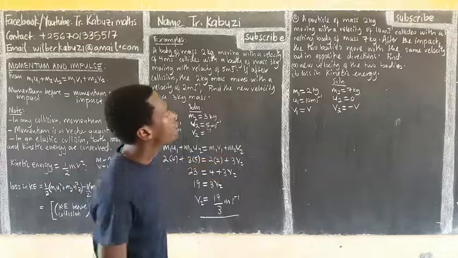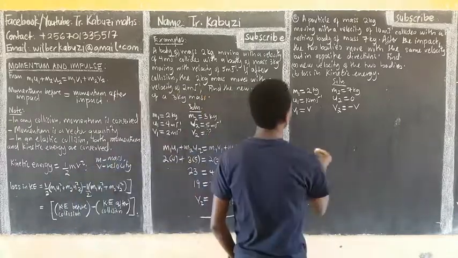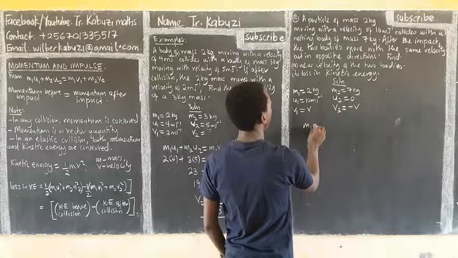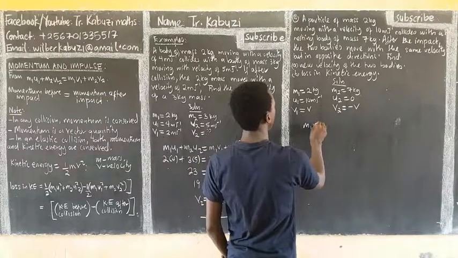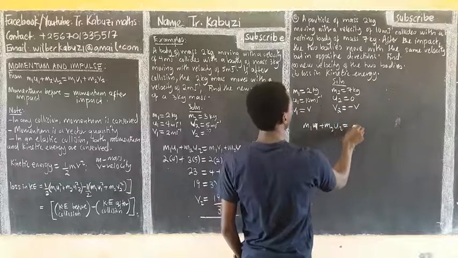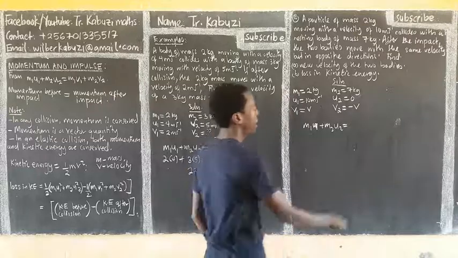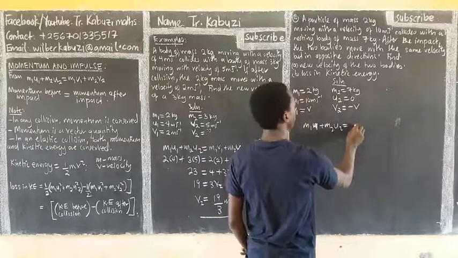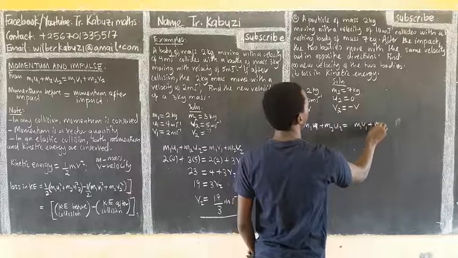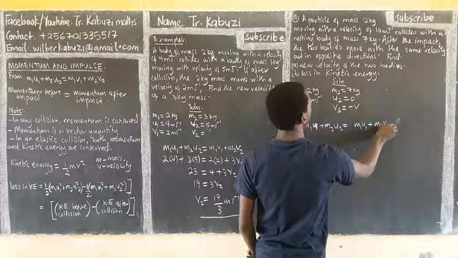Okay, find the new velocity of the two bodies. You know that M1 U1 plus M2 U2 will be equal to M1 V1 plus M2 V2.